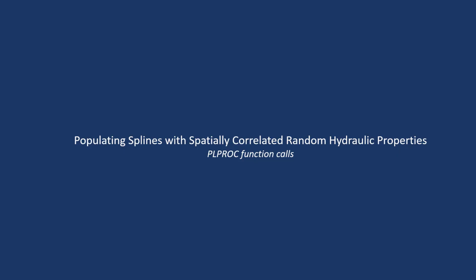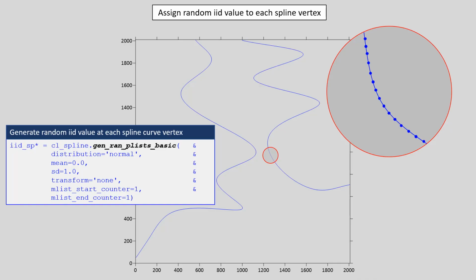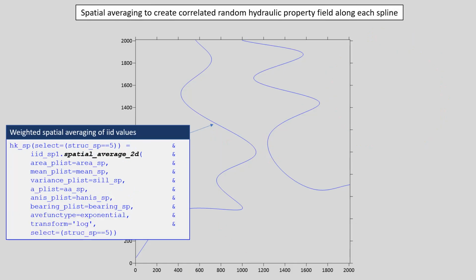They're the concepts. Now the implementation details. To generate random realizations of IIDs, gen rand plist basic once again. So this is an easy process. We now have an IID associated with each of these vertices along each of these alluvial channels. Spatial averaging, once again, function spatial average 2D.